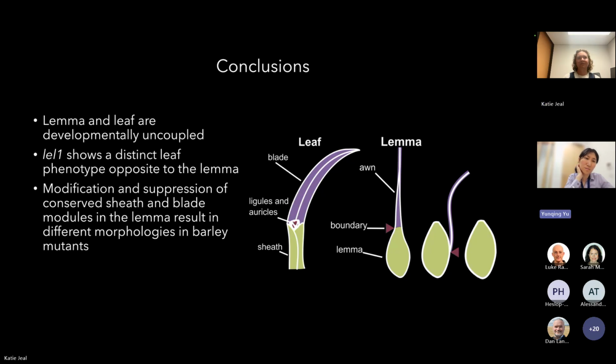And what do you think the role of that drooping leaf is? Because in the leaf, it seems to be more specific to the midvein, but then it just completely suppressed the awn in lemma. So do you think the function of this drooping leaf is conserved, and just functions in different places, or does it actually do different things?